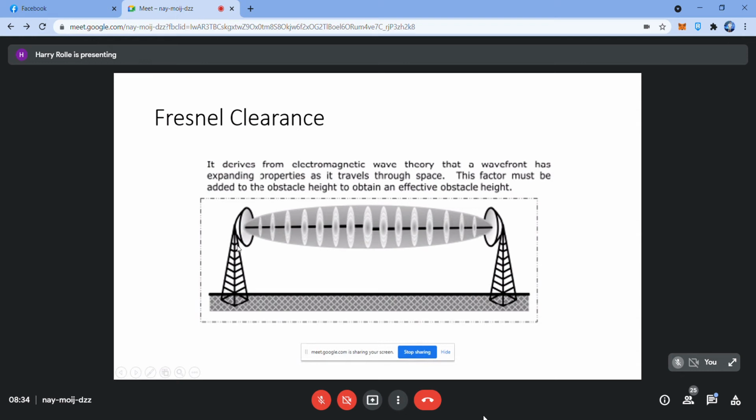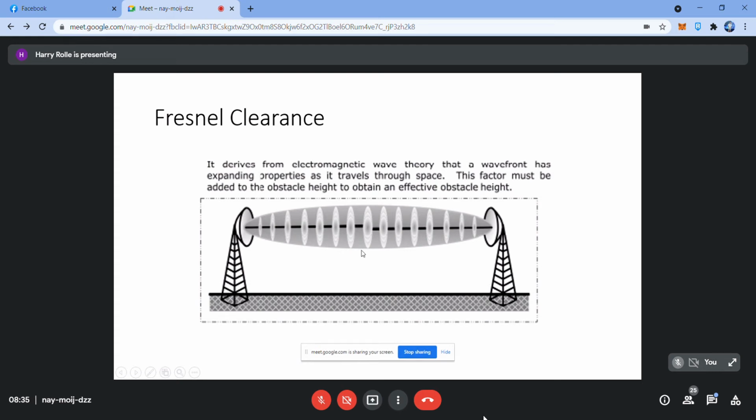Kailangan yung obstacle natin dito, hindi siya didikit or hindi siya aabot dun sa Fresnel clearance. Naintindihan nyo ako? Hindi lang yung gitna ang i-clear nyo. Dapat yung buong Fresnel clearance ay cleared dun sa obstacle.